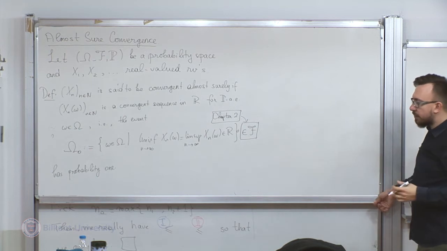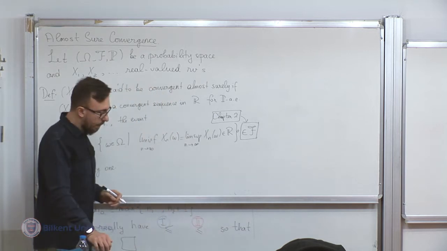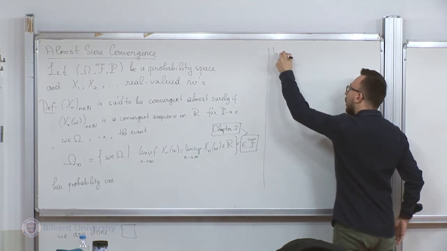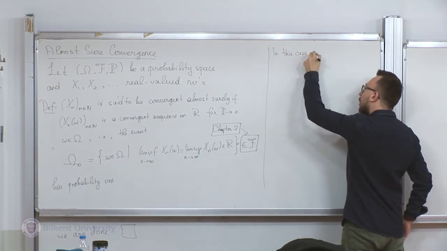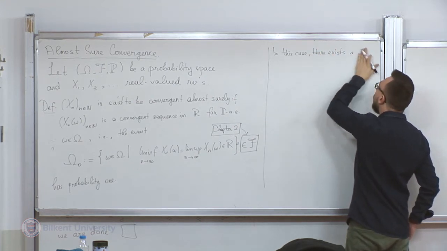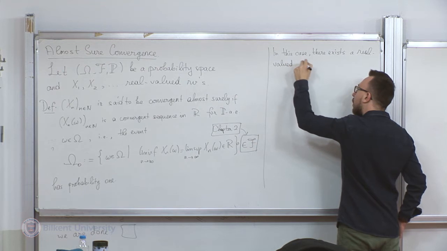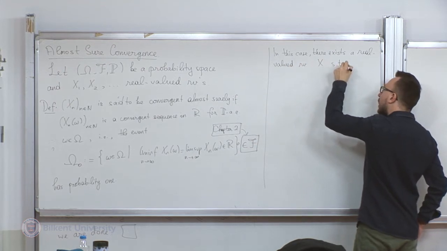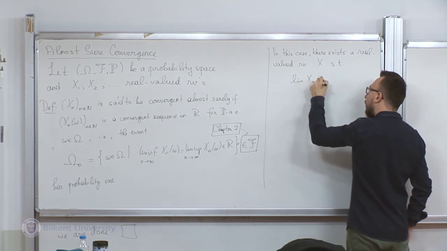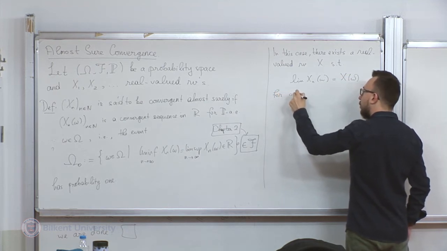So before saying that this has probability 1, you should tell if this is measurable, and indeed it is measurable. So in this case, there exists a real-valued random variable x such that the limit of xn of omega is x of omega for almost every omega.